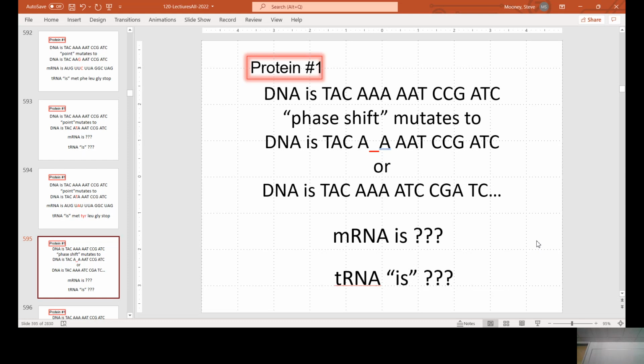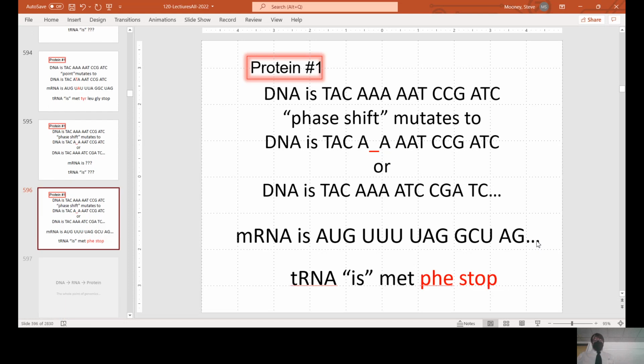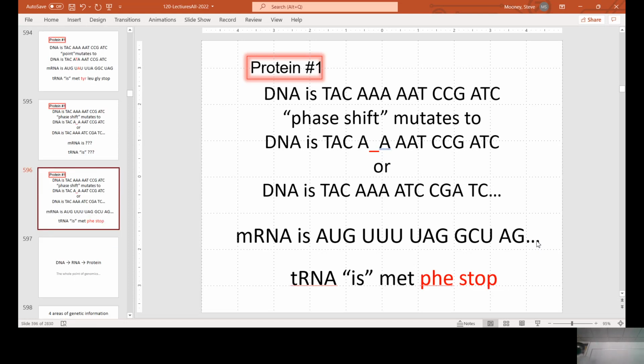We're dropping one of the adenosines, we're shifting things over, and that means every codon after that point has the potential to be different. I'm shifting everything down one or shifting everything up one. In this case, we're going to get a phenylalanine again by luck, but we got a premature stop, so that protein is never going to be made.